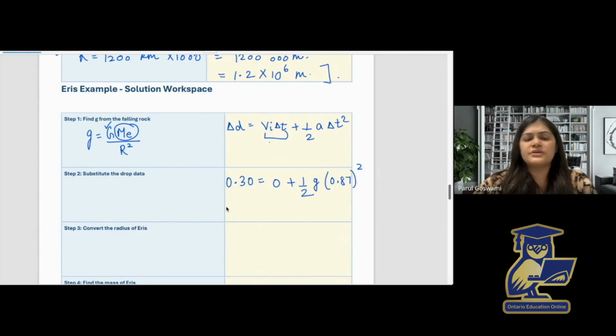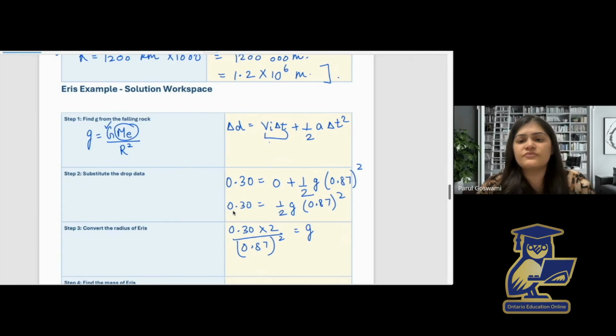Now I can just rearrange the equation, which is 0.30 equals half g 0.87 square. Now I can calculate this. 0.30 times 2 over 0.87 square will give us g. And on solving this, we will get approximately 0.79 meters per second square.